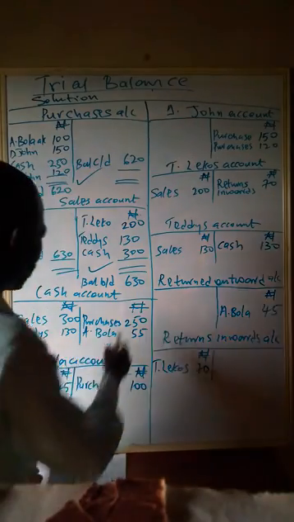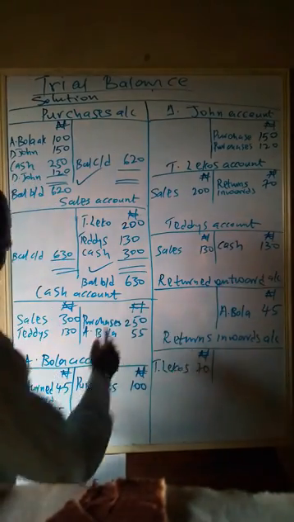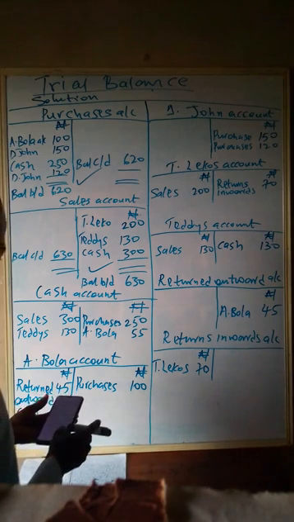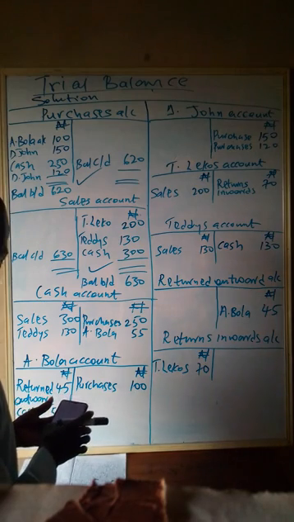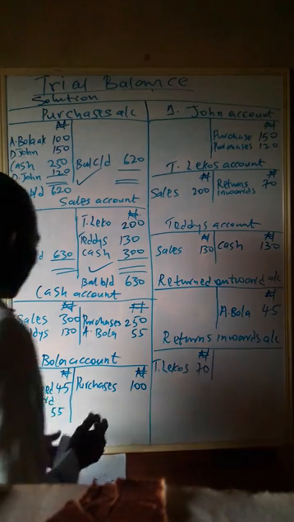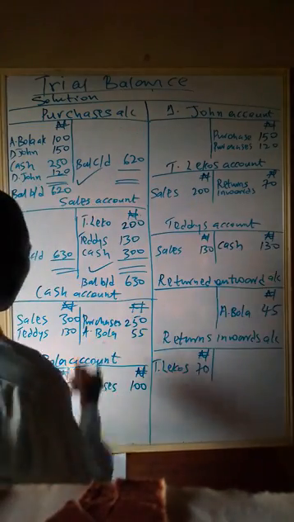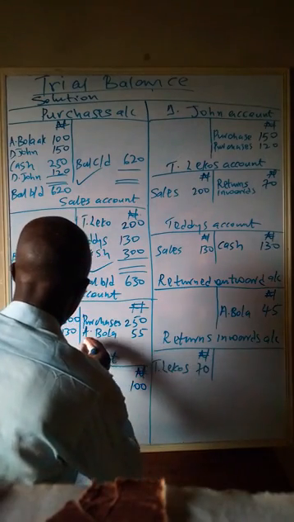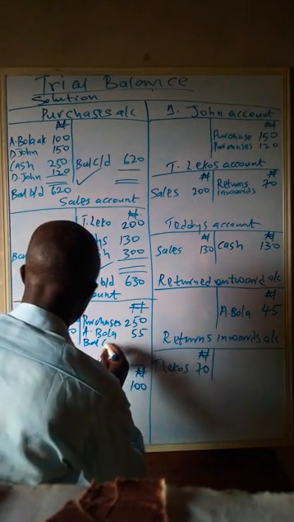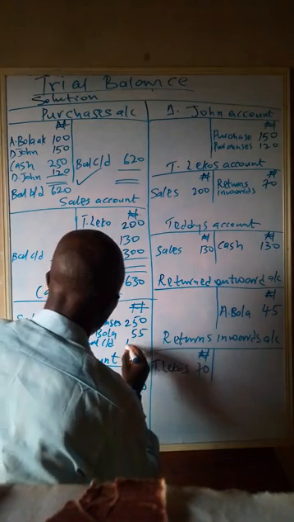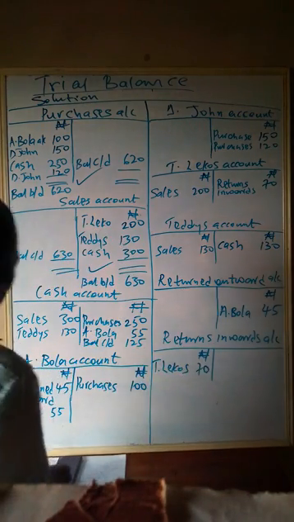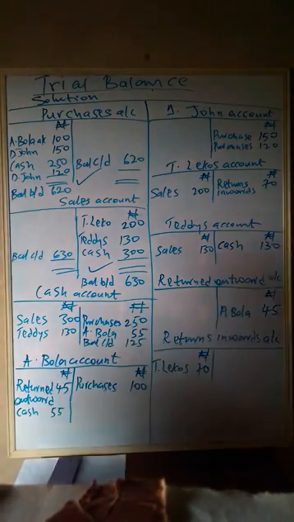Out of the 430, I spent 250 and 55, that is 305. 430 minus 305, the balance is 125. That means the amount I collected is more than the amount I spent. My balance c/d that I have in hand is 125.